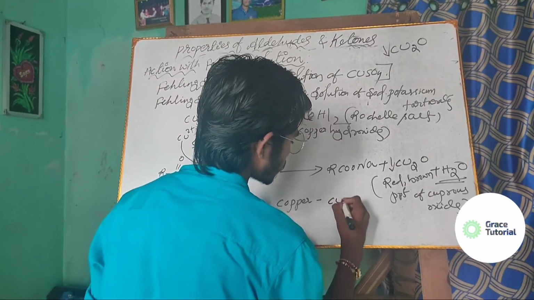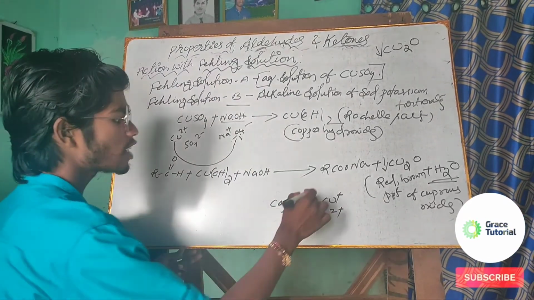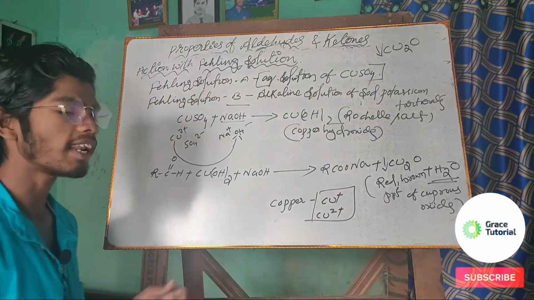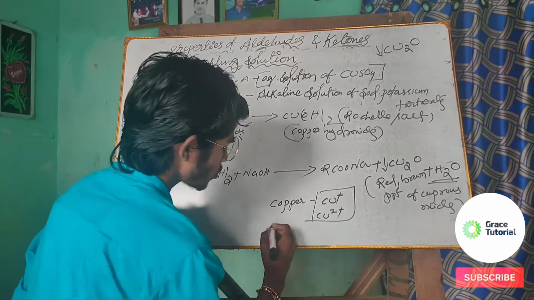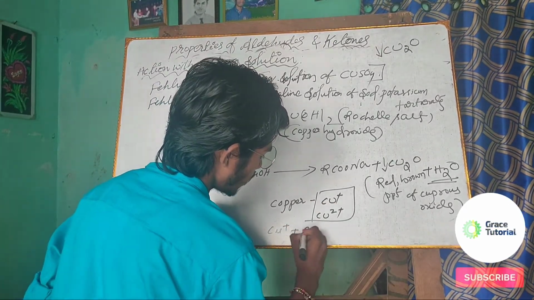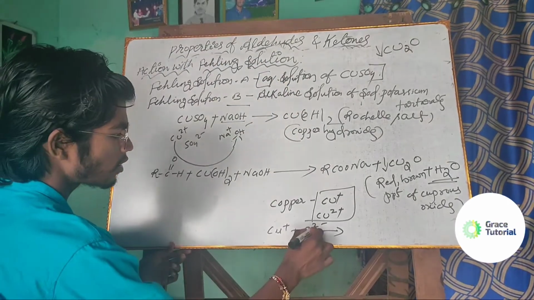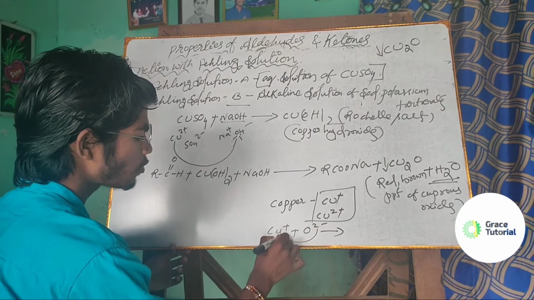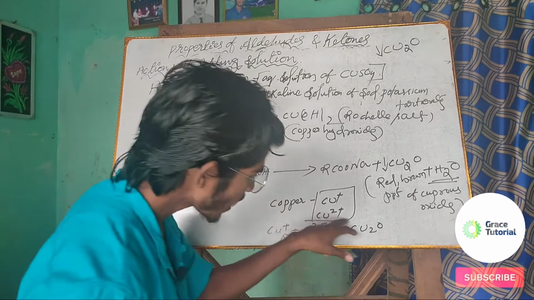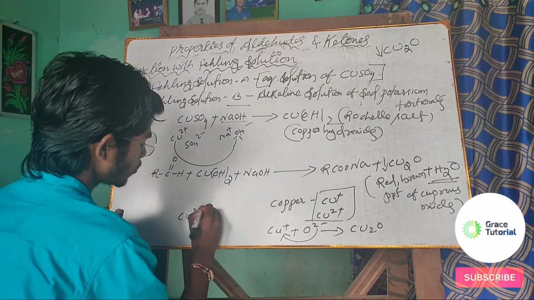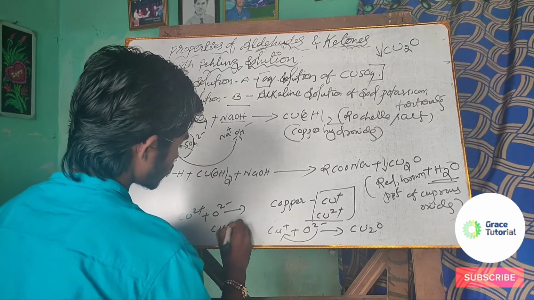Sometimes we write Cu+, sometimes Cu2+. When Cu+ reacts with oxygen, O2-, the charge balances and Cu2O is obtained. If you take Cu2+ and react it with O2-, you get CuO.